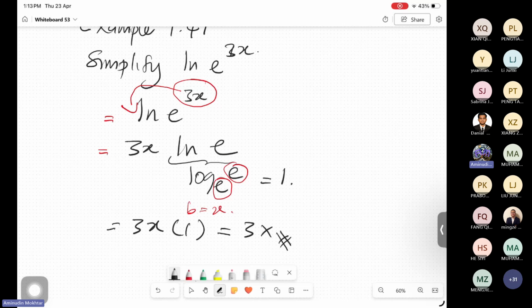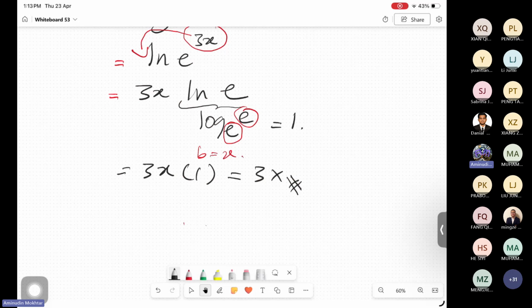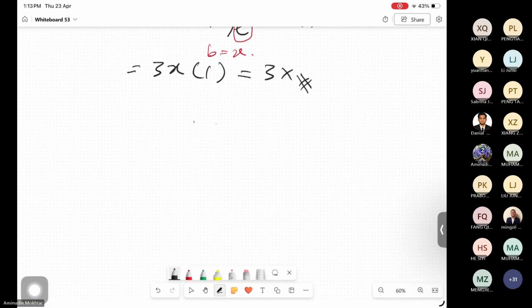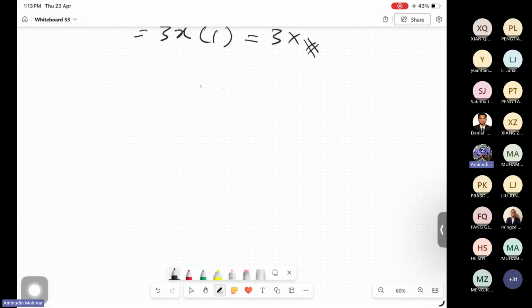Okay, that's example 1.41. The next example, please refer to example 1.42.